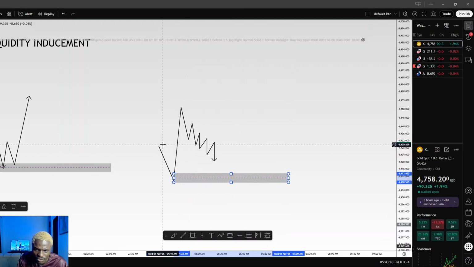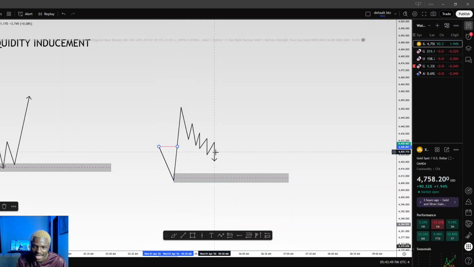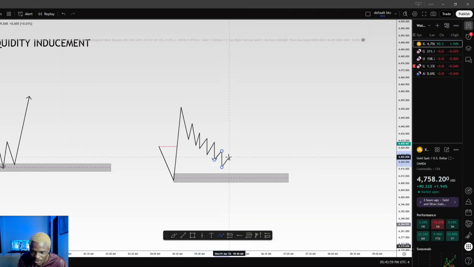We have this break of structure here, and this trend line liquidity that the market is generating. When it gets here, this is what we call trend line liquidity. When it gets here, it will trigger and start going.